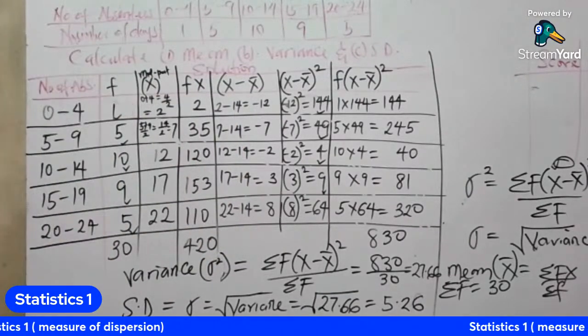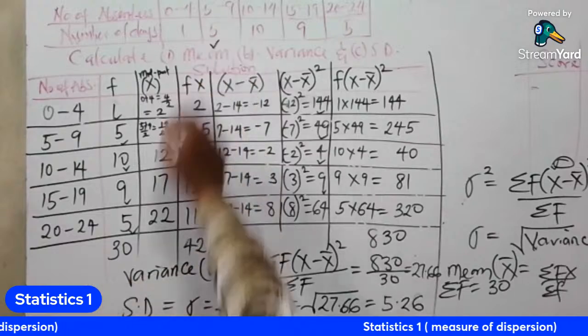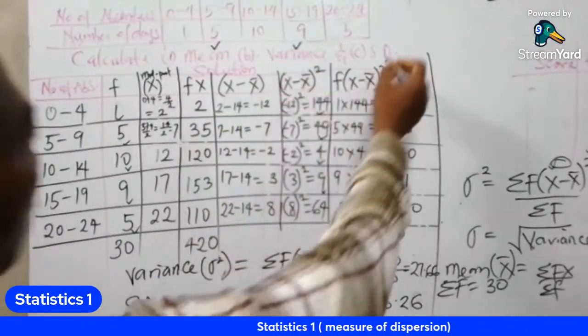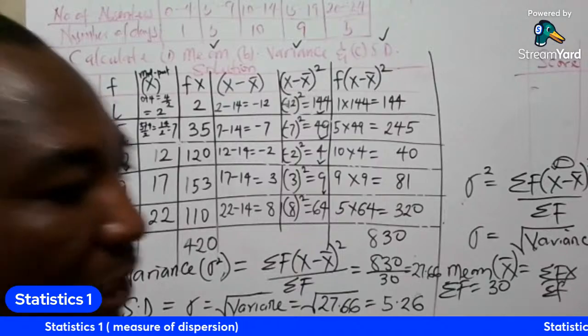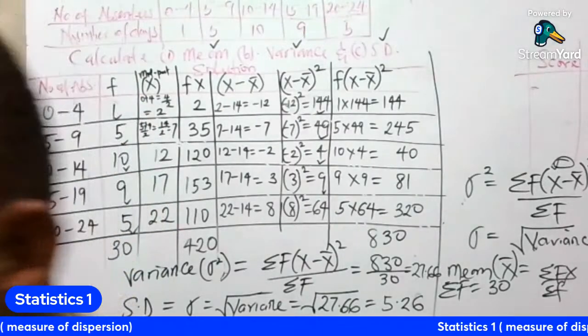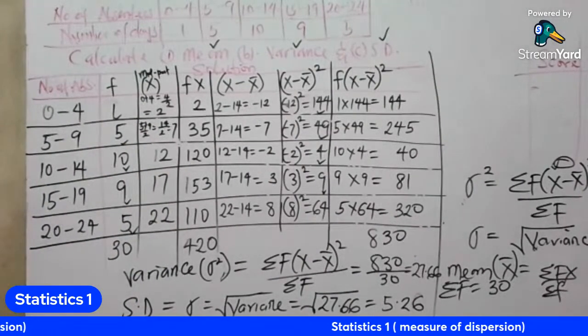So with this, I've been able to calculate the mean, I've got my variance, and I've got my standard deviation. So that is how to calculate the deviation. Can we quickly look at the advantages?